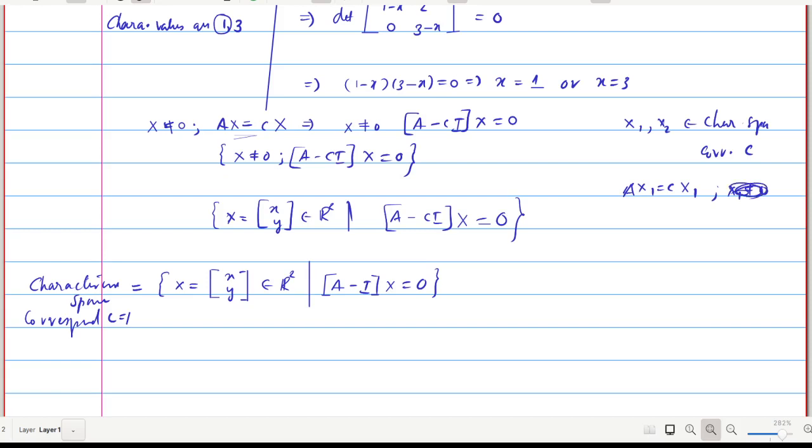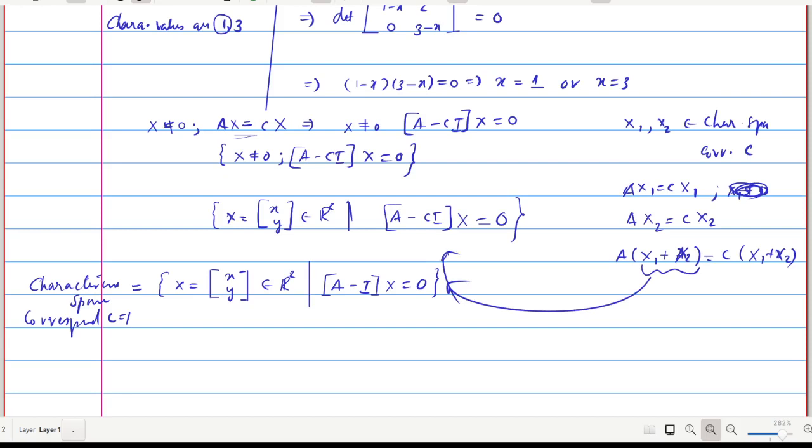In fact, this contains the 0 vector as well. So we didn't restrict our discussion to non-zero elements; we collect all such x satisfying this. If you choose two arbitrary ones, then Ax2 equals Cx2. Consequently, A times x1 plus x2 equals C times x1 plus x2. That means x1 plus x2 is also a member of this collection.